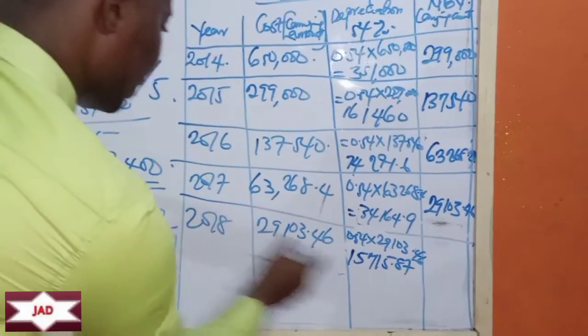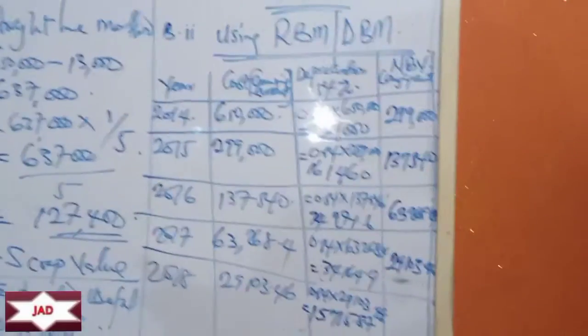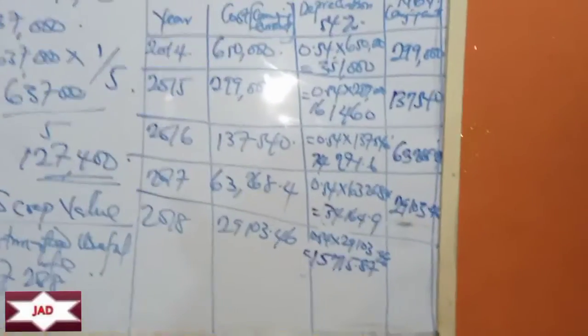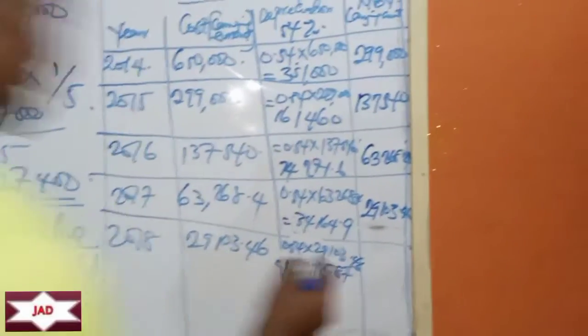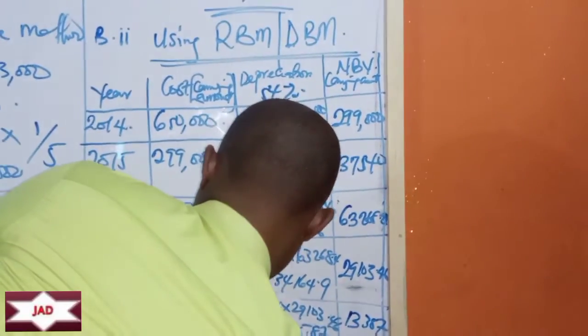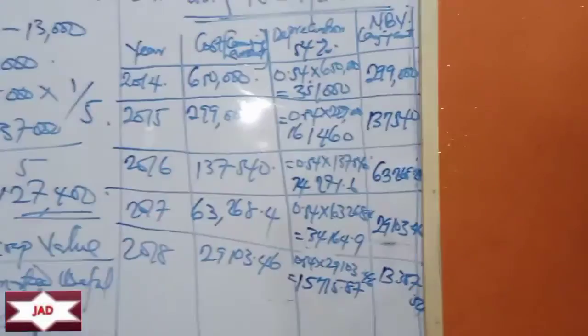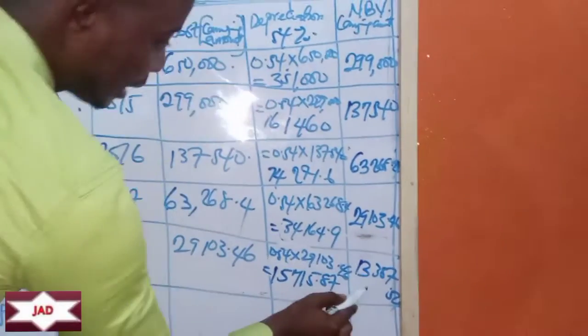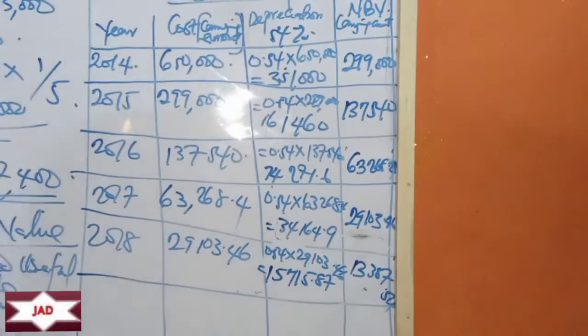So I minus this from 29,103.46, and I have 13,387.59. So this is the scrap value at the end of the 5th year.